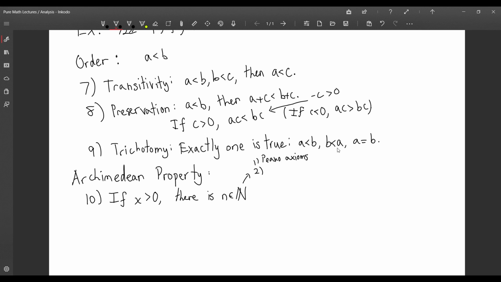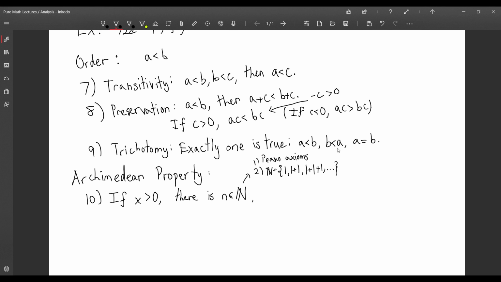Another way to do this is to just define these natural numbers from our field by saying that it is the smallest subset of our field containing 1, and it's closed under addition. So in other words, it just consists of 1, 1 plus 1, 1 plus 1 plus 1, and so on.